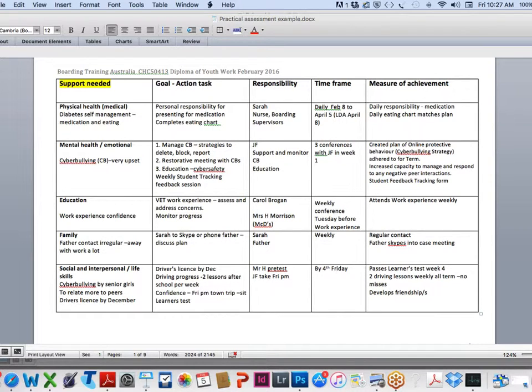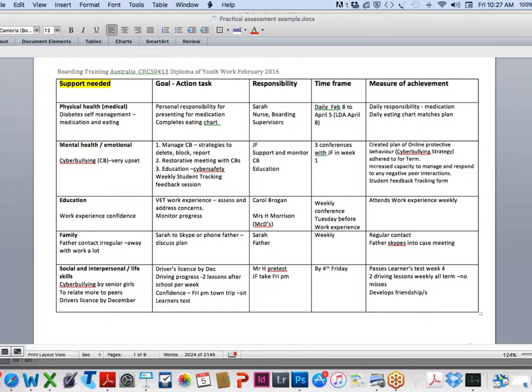With the family, we're going to encourage her with keeping in contact with her father, and just finding better ways to keep in touch because he works away a lot. And then the social and interpersonal skills, it's all around dealing with that cyberbullying, and also for her it's the whole driver's licence, getting her licence by December.